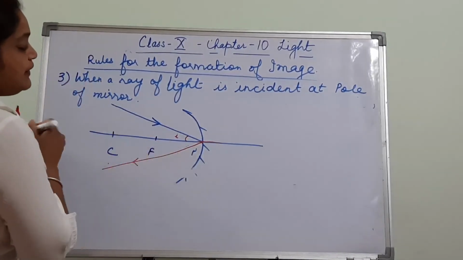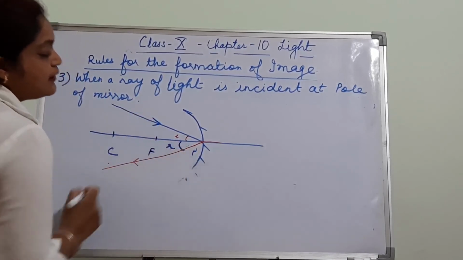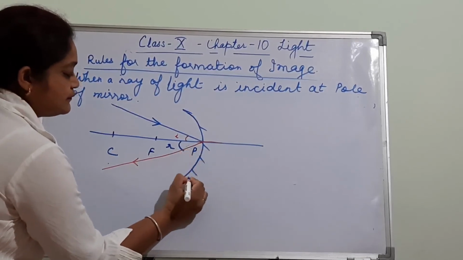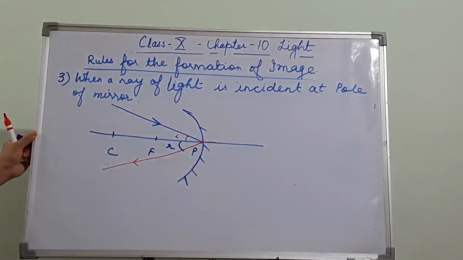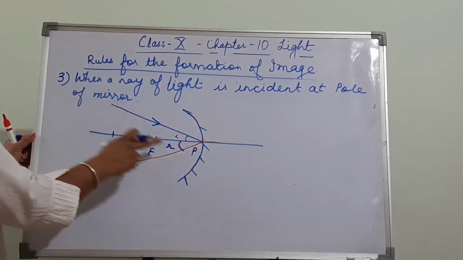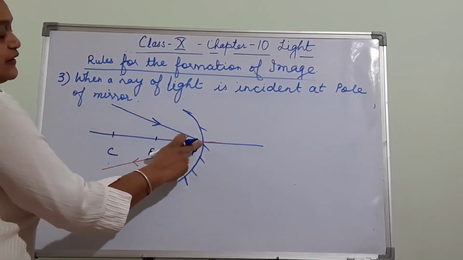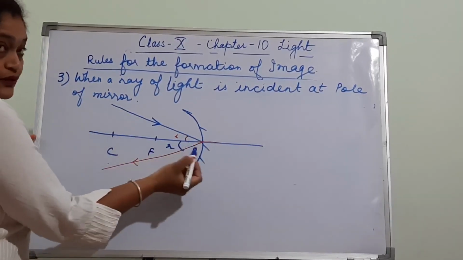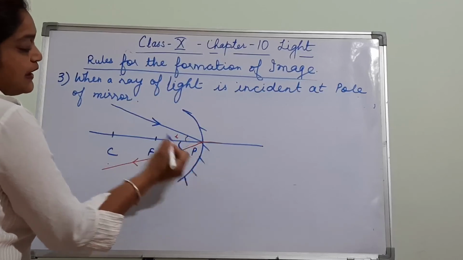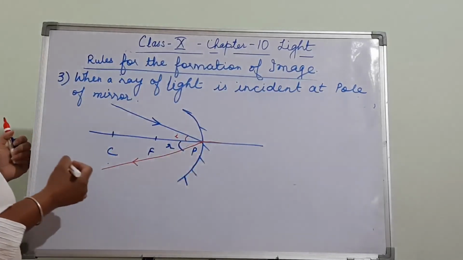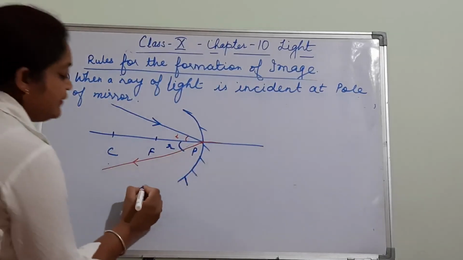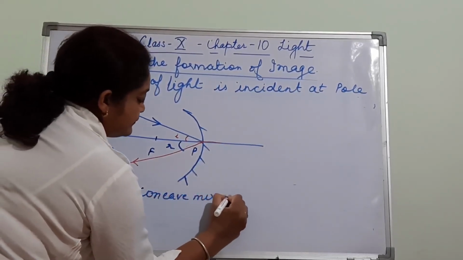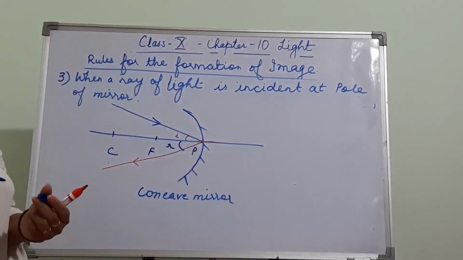So here angle I will be equal to angle R. So this is how you will draw for the pole. When incident ray is directed towards pole, this principal axis will act as normal to the mirror and here angle I will be equal to angle R. This is for concave mirror.